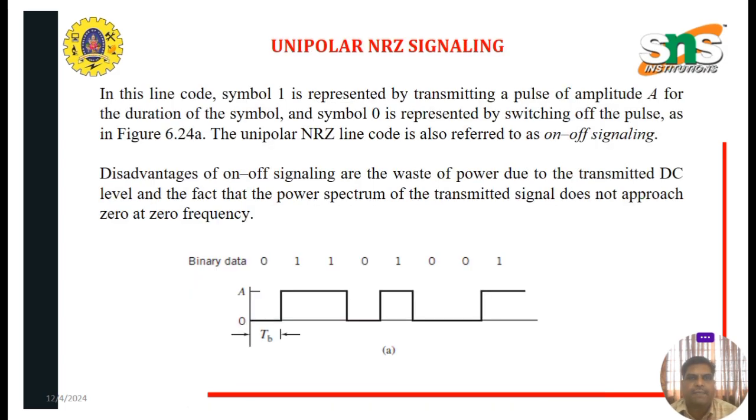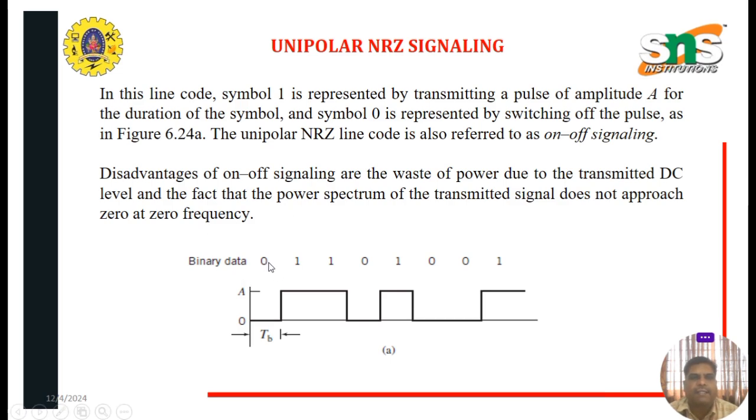There are various types of representations of digital data in line coding. The first and important one is unipolar NRZ signaling. In this line code, symbol 1 is represented by transmitting a pulse of amplitude A for the duration of the symbol, and symbol 0 is represented by switching off the pulse, as shown in this figure.